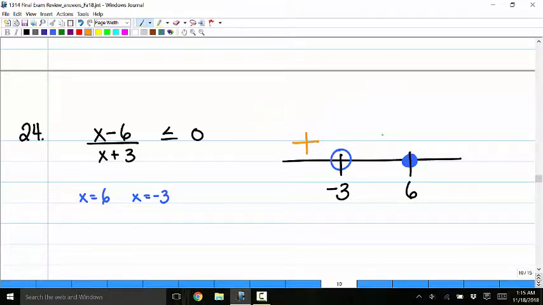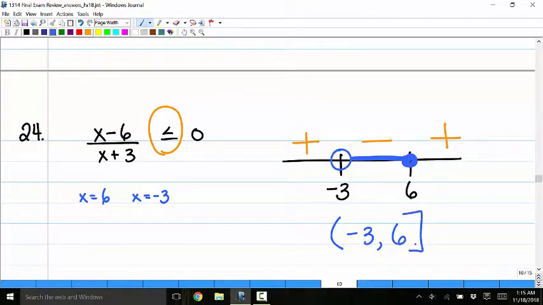If I plug in 0, so 0 is in this interval, (0 - 6)/(0 + 3), I get a negative number. And if I plug in a number to the right of 6, I'm going to get a positive number. I want all of the numbers that are less than or equal to 0, so I want these numbers. My answer would be parenthesis -3 comma 6 with a bracket.